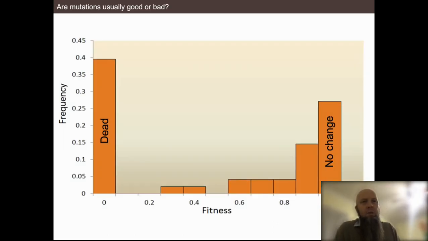So are mutations usually good or bad? Well, I think you can deduce from the previous slide and this one that most mutations are going to either kill you or have no effect, right? If you randomly mutate something in a critical portion of the genome, then you are going to mess up something that is critically important.